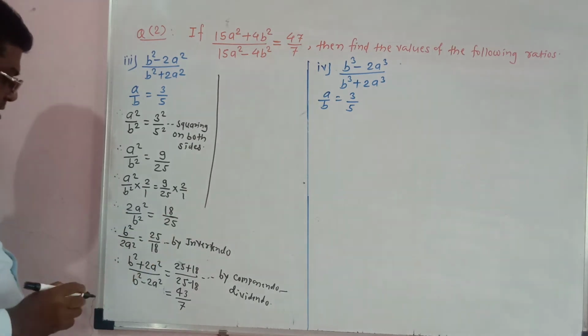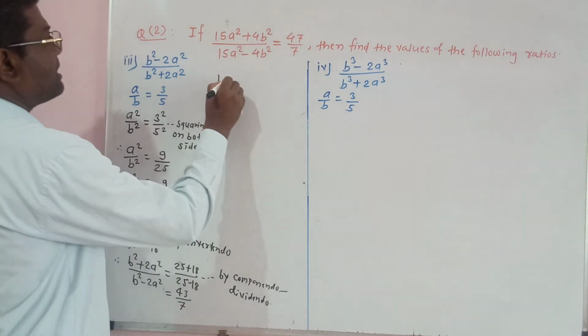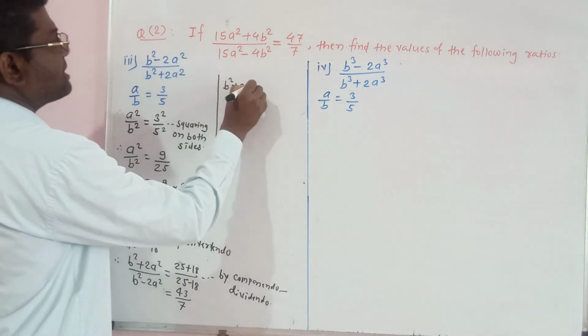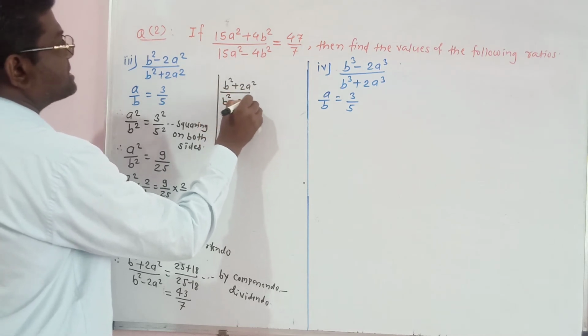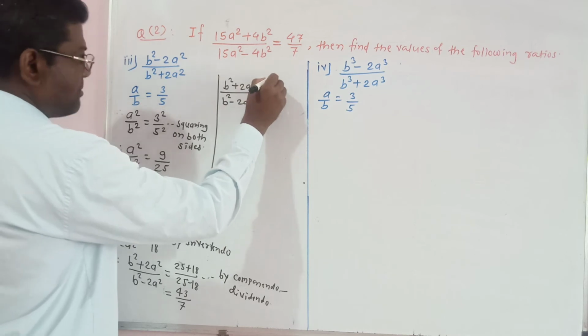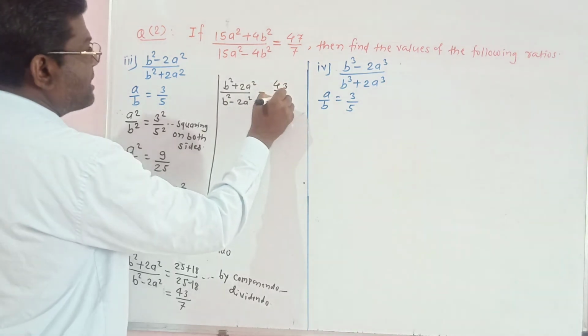Thus the value of b square plus 2a square upon b square minus 2a square is equal to 43 upon 7.